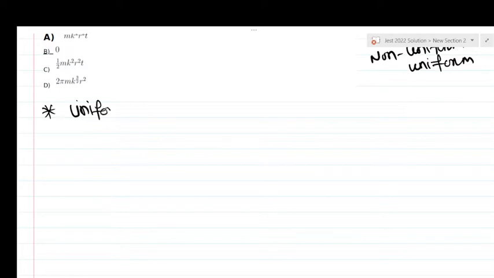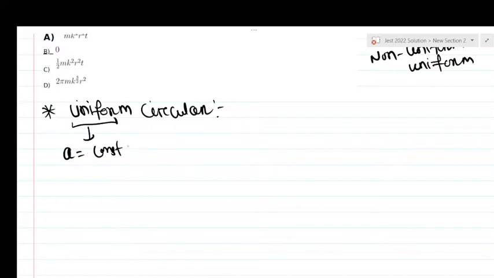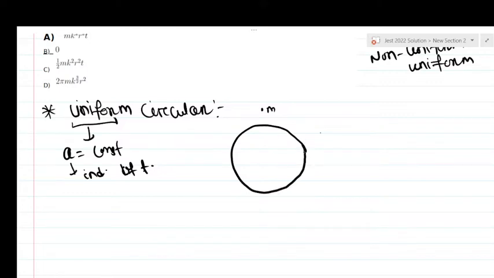Uniform circular motion. What happens in uniform circular motion? As the name suggests, uniform, so acceleration must be constant and independent of time. Suppose a particle of mass m is moving in a circular motion like this, this is the center, and its radius is r, which is constant.